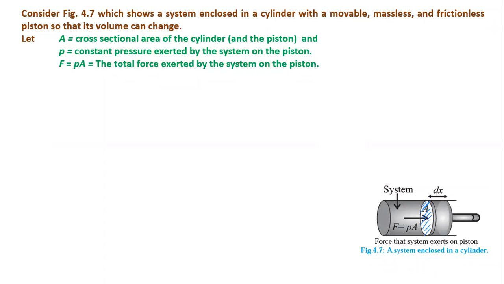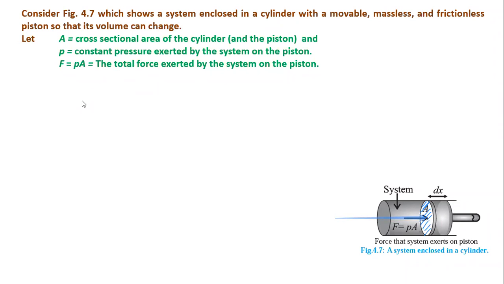P is the constant pressure exerted by the system on the piston. You can see the direction also shown in the diagram. This is the direction of pressure.